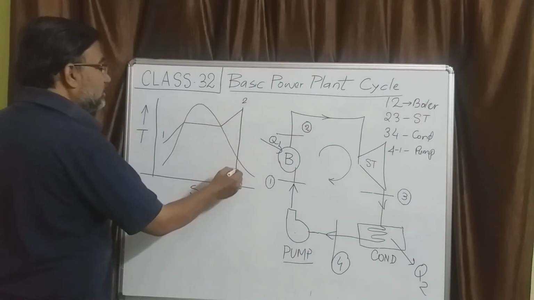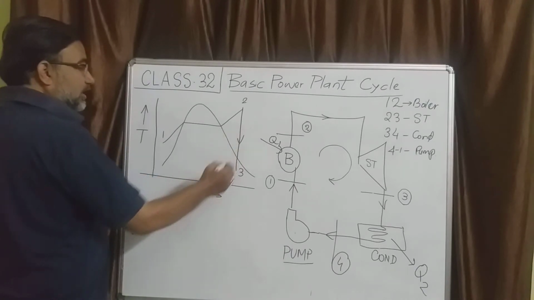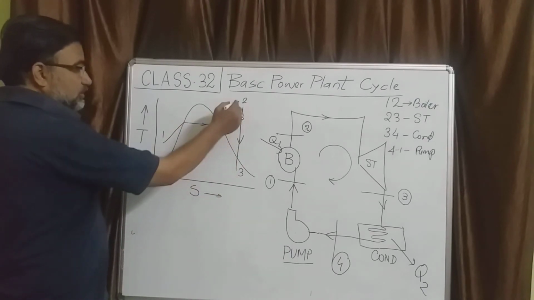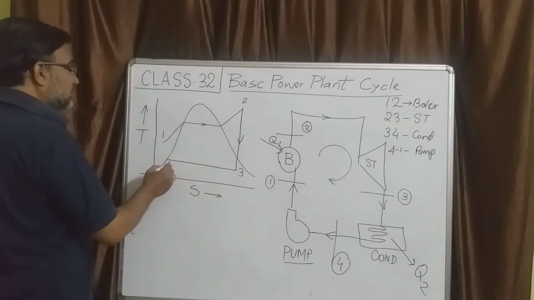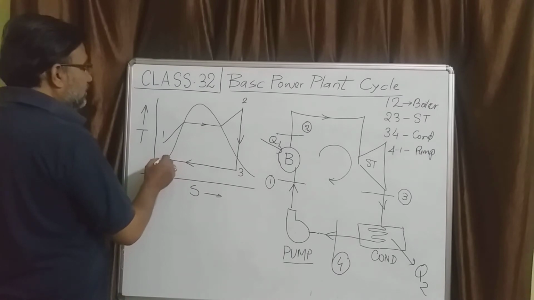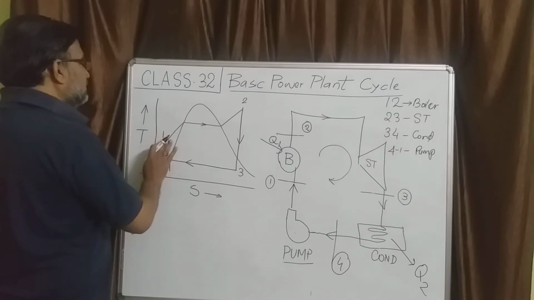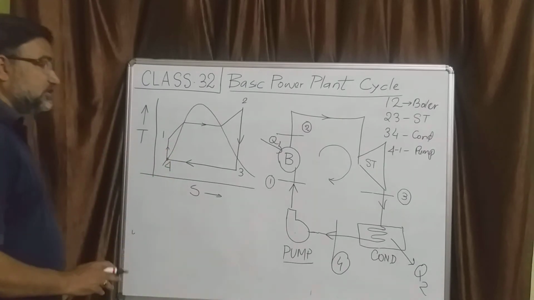Then 2 to 3 is the reversible adiabatic expansion. Reversible adiabatic means isentropic. Isentropic means it will be a vertical line. Then 3 to 4 is condensation. You can see this is vapor and this is liquid here. And 4 to 1 is reversible adiabatic compression. So this is the cycle.